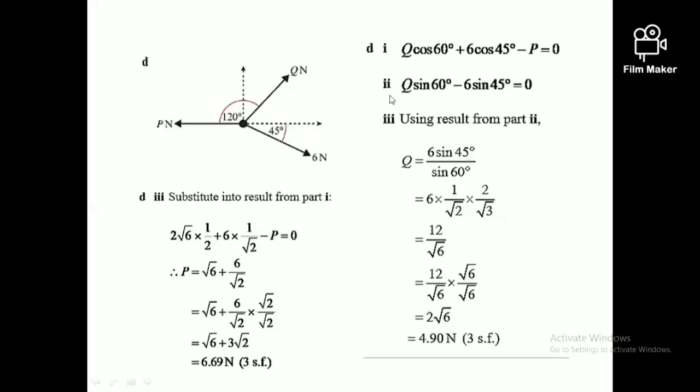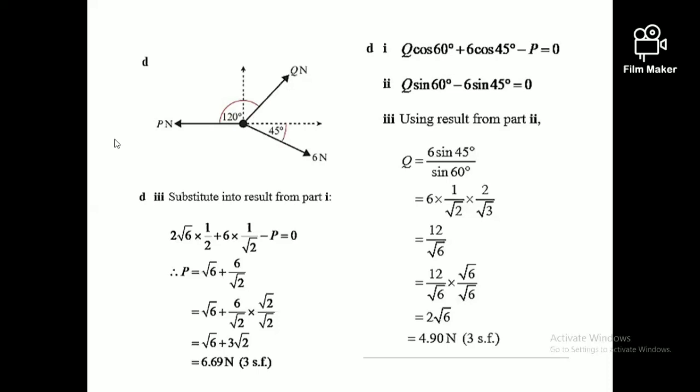Then if you consider the horizontal forces, Q cos 60 this side plus 6 cos 45 minus P. Again, if I read it, Q cos 60 plus 6 cos 45 minus P equals 0. That is one equation.